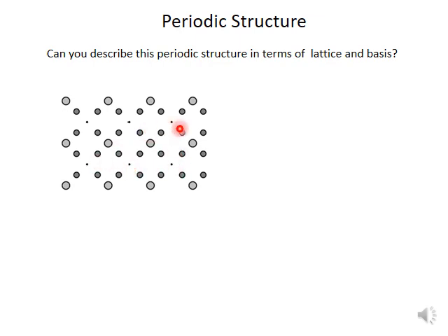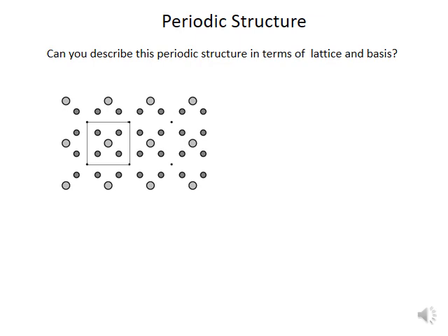By putting these dots, I have made a condition where the environment around those points is exactly the same. Now I can identify a unit cell using those extra small points I inserted into this periodic structure.